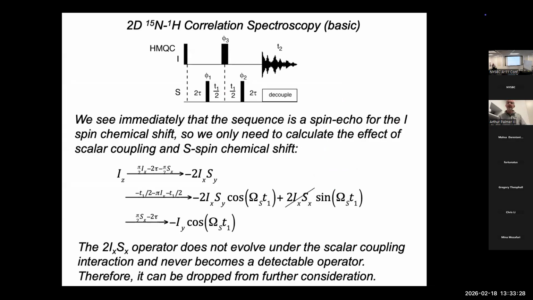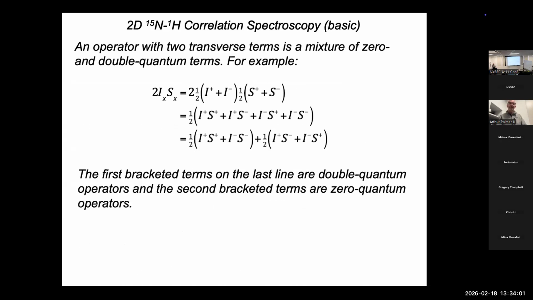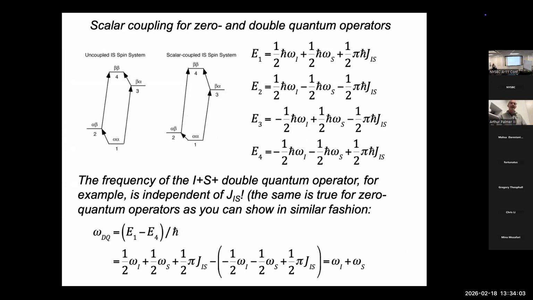So this pretty much just says what we talked through: we recognize various spin echoes for the chemical shifts, so we don't have to calculate the effect of those chemical shifts, and the transverse two-spin operators are multiple quantum, and we don't detect them. And that's just written here to remind you what I said.